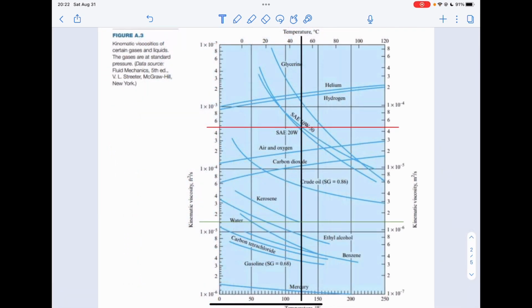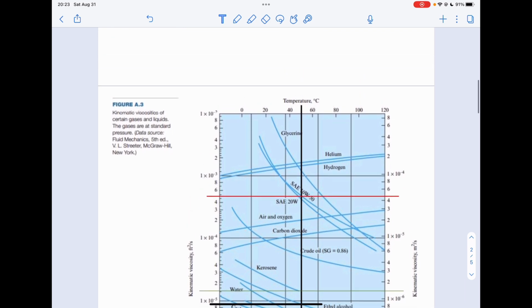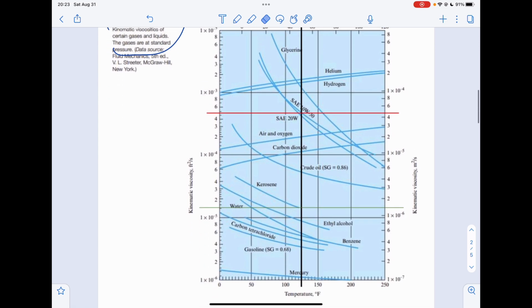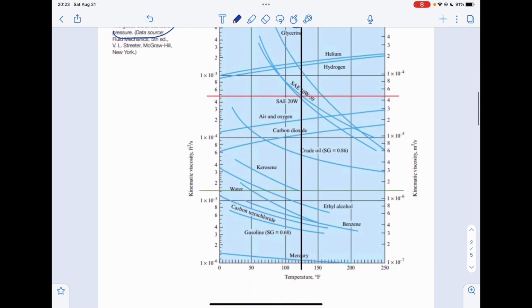Now let's look at the kinematic viscosity. It's a similar thing, but the figure you use is A3 here in the appendix. You'll do the same thing: find the temperature at 50 degrees Celsius and go down to find the material you want and find the kinematic viscosity.